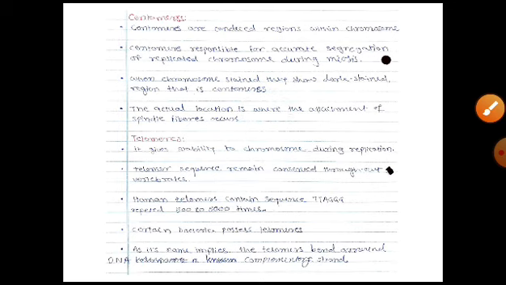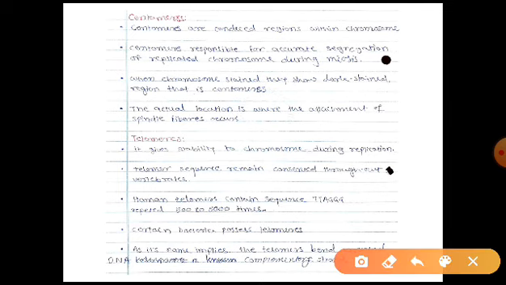The next is centromeres. The centromeres and telomeres are parts of the chromosome. The centromere is found at the center of the chromosome and between the two arms of this chromosome.